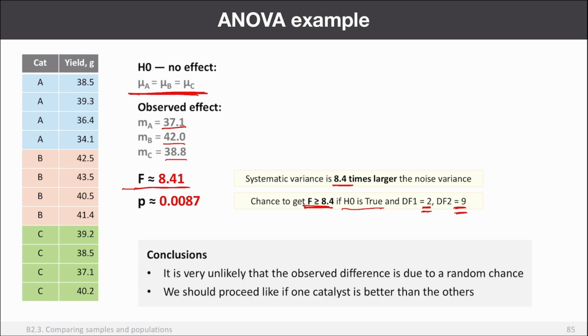So the conclusion in this particular case will be that it's very unlikely that the observed difference or observed effect is due to random chance. So it means that we should proceed, we should make a decision if indeed one catalyst is better than the others. We still don't know which one is the best, but we know that there is an effect. We know that catalysts are not equal. And that's already a very important achievement.